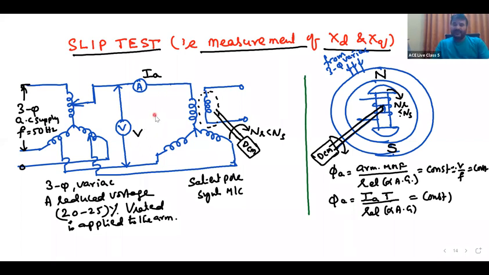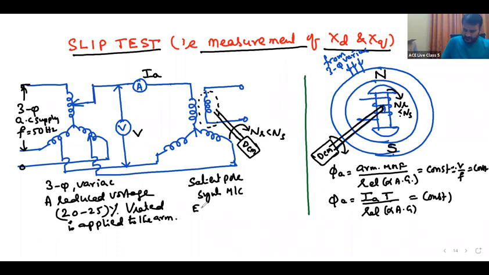When the V by F ratio is constant, flux in the machine will be constant. In our armature, flux is going to be constant. Why?